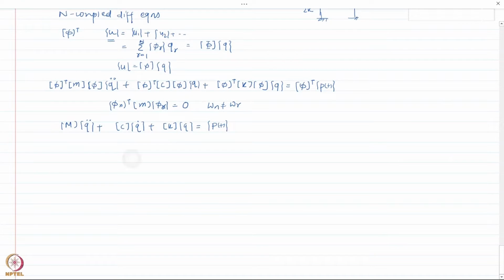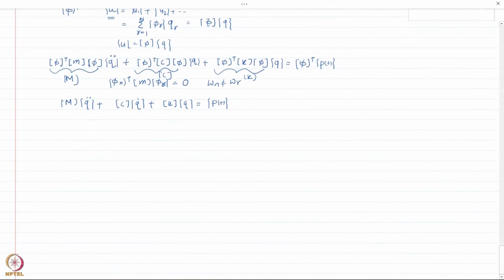So this quantity here is your M, this quantity here is C, and this quantity is K. These all three are the diagonalized mass matrix, damping matrix, and stiffness matrix. The elements of these matrices are m1, m2, and mn, and likewise c1, c2, cn. We have already seen that.